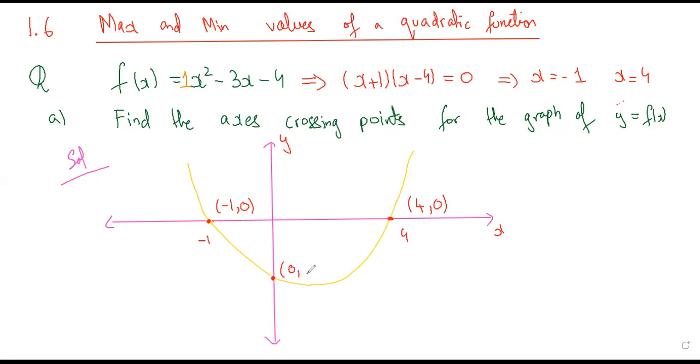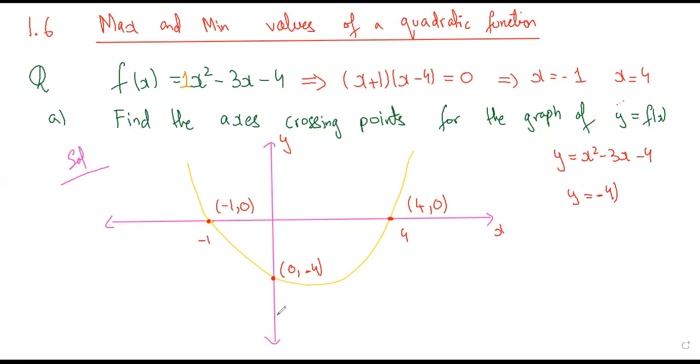My equation is y equals x squared minus 3x minus 4. In order to find this point, I can plug in the value of x, that is 0. Then I would get y equals minus 4. So this minus 4 is going to be the y-coordinate of this point. I'll repeat it again. This is a fixed question, one of the most favorite questions of the examiner. I'll explain again. Please pay attention.